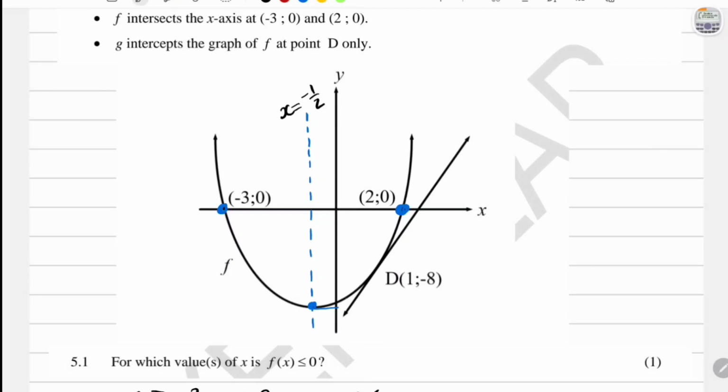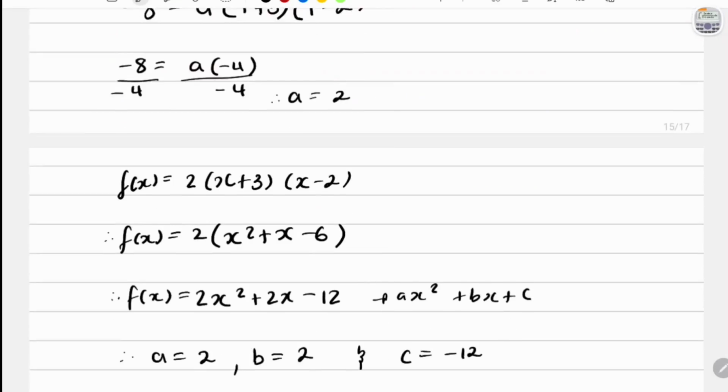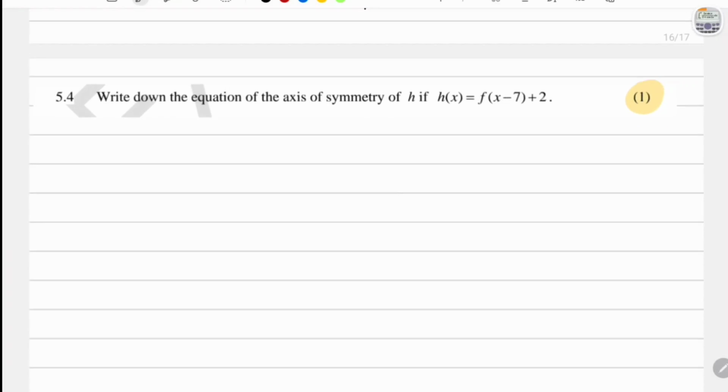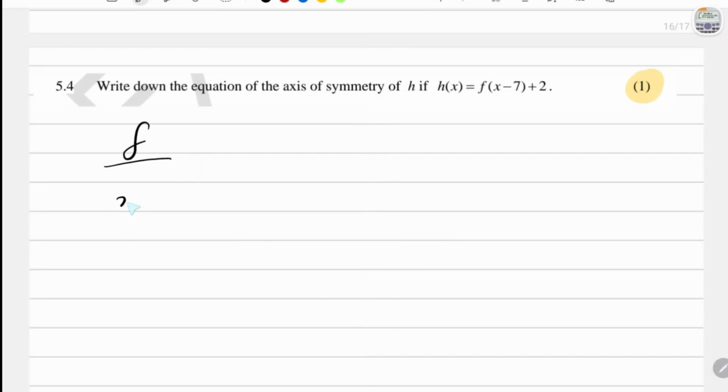So remember, if they ever ask you to find the axis of symmetry of a parabola, you know the equation is x is equal to negative b over 2a. And if you do that, you just substitute your b and your a, and that's your answer. Okay, so since we already have the axis of symmetry of f, it is x is equal to negative 1 over 2.